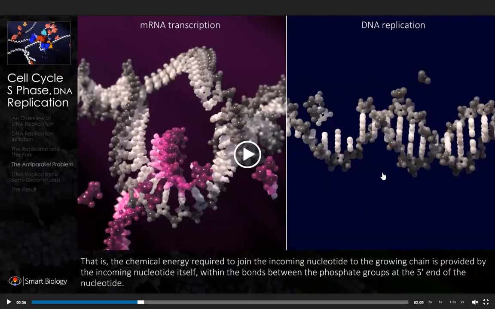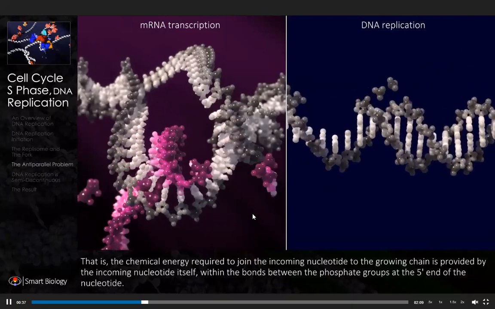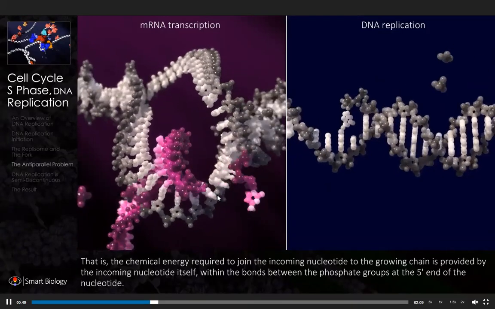Two phosphates, the PPi, the beta and the gamma phosphates, are released. And those two phosphates, when they break down, provide an enormous amount of energy, which enables this reaction to proceed in a forward direction and not in the reverse direction, right? So this energy is provided by the nucleotide itself.